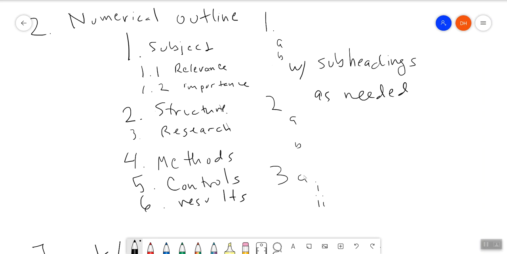These kinds of outlines are also beneficial. You're probably a lot more familiar with these kinds than the maps, but I think either one works. It depends on whether or not you're a more visually oriented person. Some people are, some people aren't. So these are two basic alternatives to outlining that work pretty well.